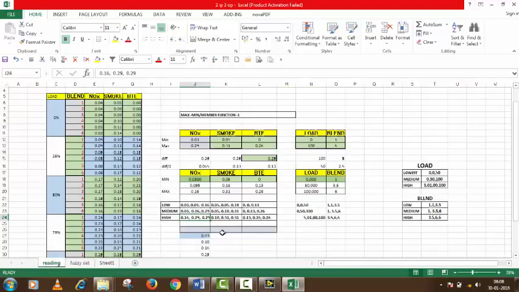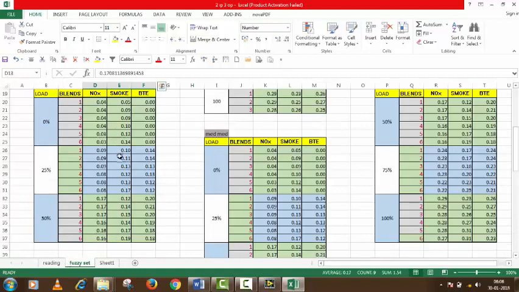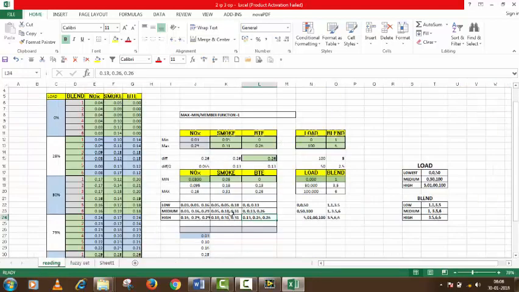Yes, low, medium, high, all will be there. Next, coming to smoke: 0.05, 0.19, 0.10, 0.2. Smoke 0.05 is there. All the values occupy low, medium, high.